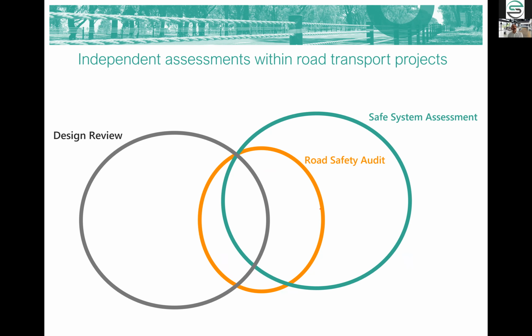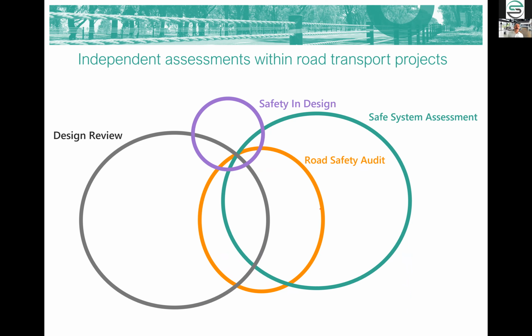A safe system assessment covers a bit of design review, quite a bit of road safety audit material, but has a whole lot of other things included. It is also certainly presented in a very different way and used in a slightly different way.